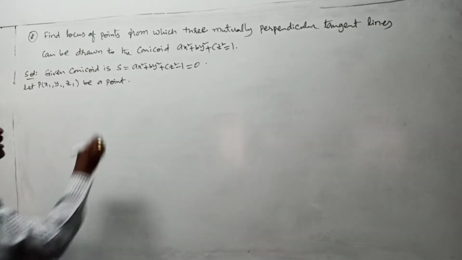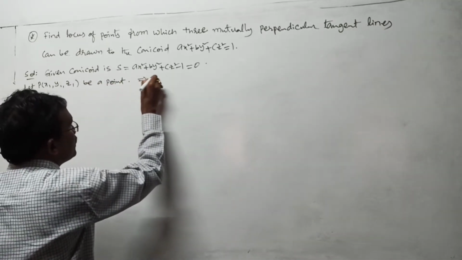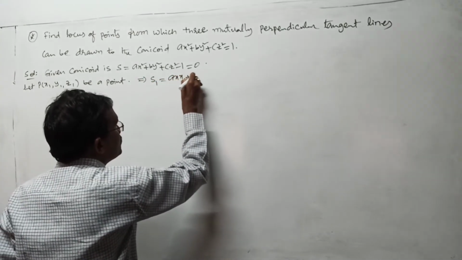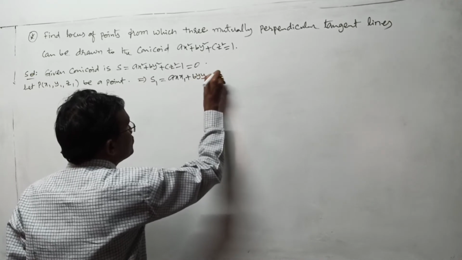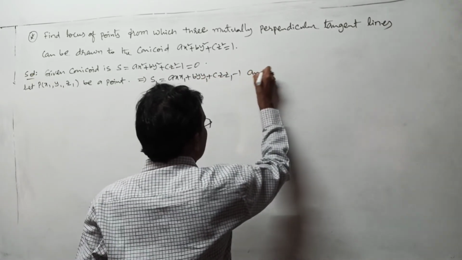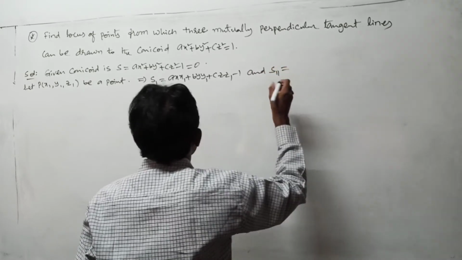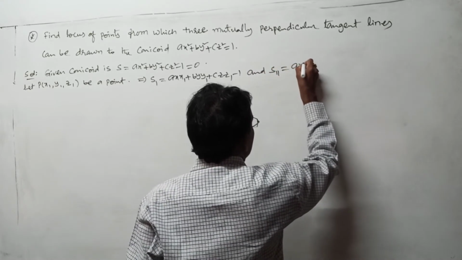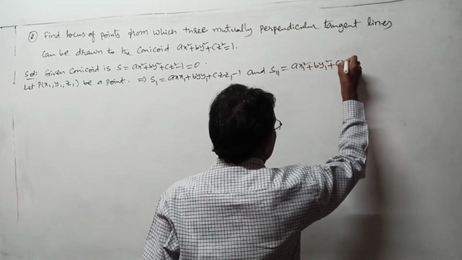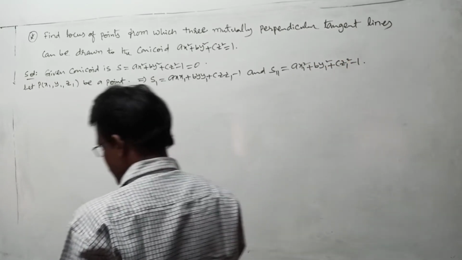Now according to this P, let us write S1. It is ax x1 plus by y1 plus cz z1 minus 1. And write S11: ax1 square plus by1 square plus cz1 square minus 1, right?